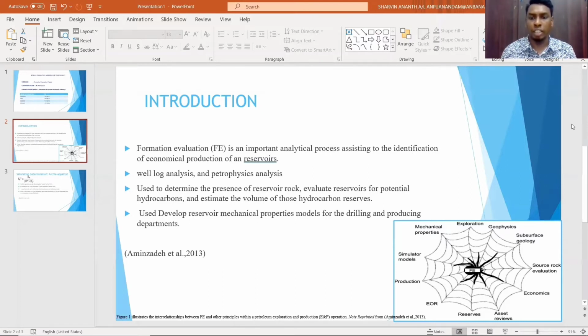As you can see in the picture, formation evaluation provides information to all other departments such as mechanical properties, exploration, geophysics, subsurface, economics, and also EOR and production.